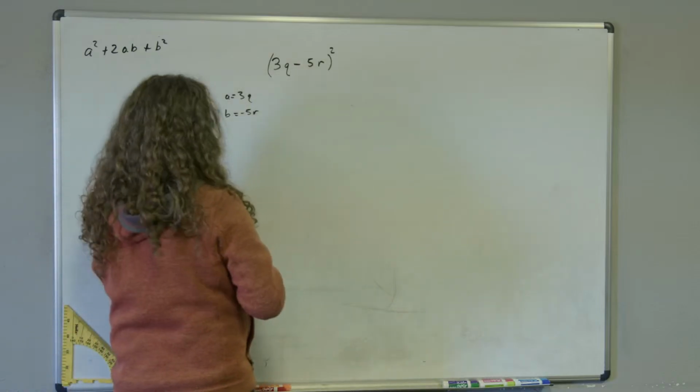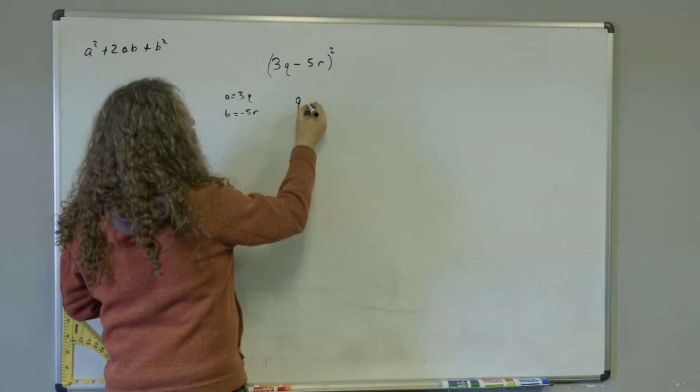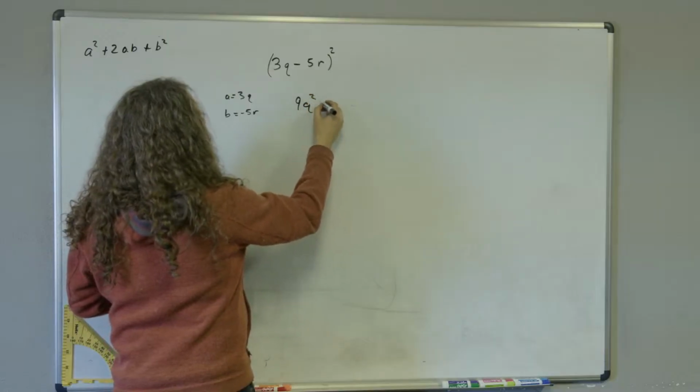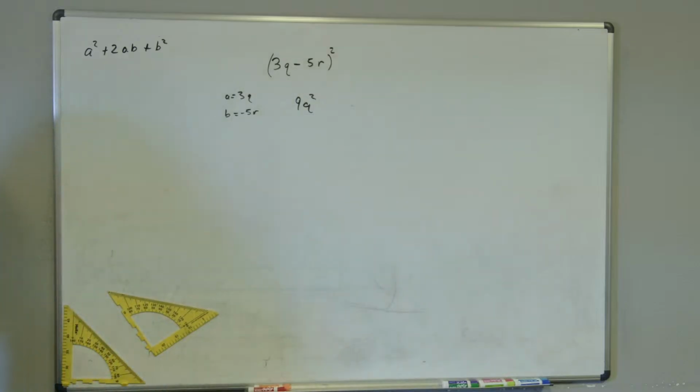What's 3 squared? What's q squared? What's 3q times negative 5r times 2? Negative 30.